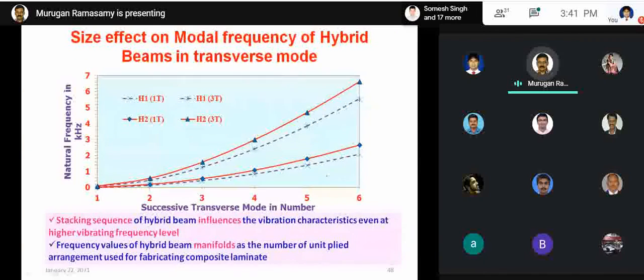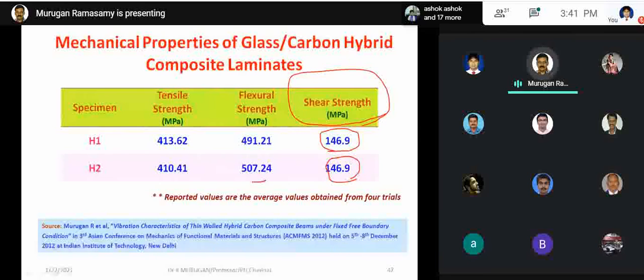These are the conclusions we arrived at. The graphical representation for H1 and H2: the frequency of the H2 beam will always be higher than the H1 beam, because we found that the H2 beam has very high flexural strength compared to H1.